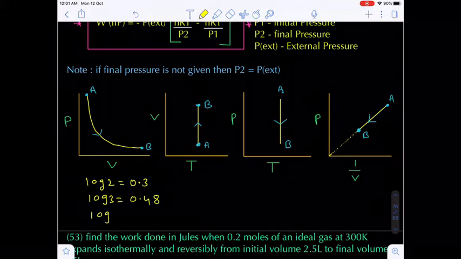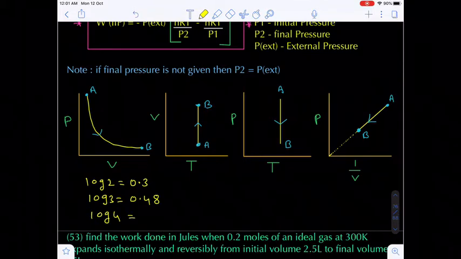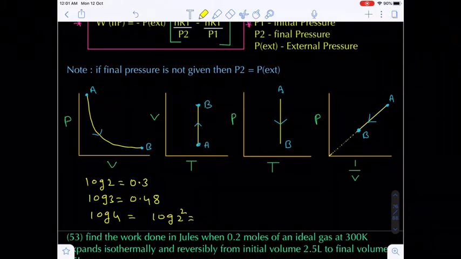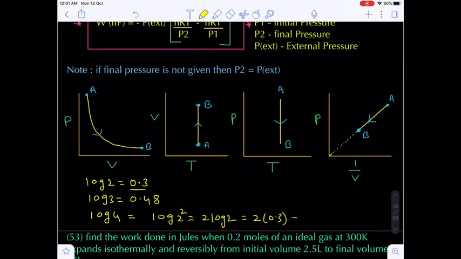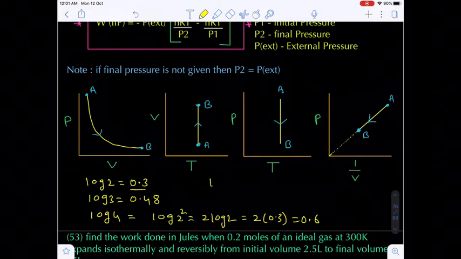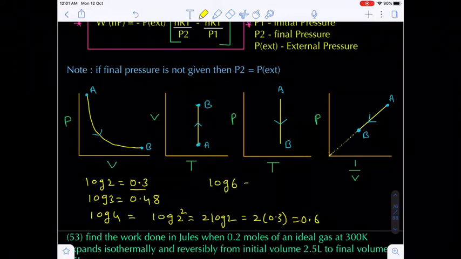Now if you want to calculate log 4, what I am writing here, logarithm of 4 is nothing but 2 squared. So I am writing 2 into log 2. Log 4 is nothing but 2 log 2. So 2 log 2, with log 2 value 0.3, is 2 into 0.3, that will be nothing but 0.6. Are you getting my point? Suppose if you want to calculate the logarithm 6 value, I am writing log of 2 into 3.